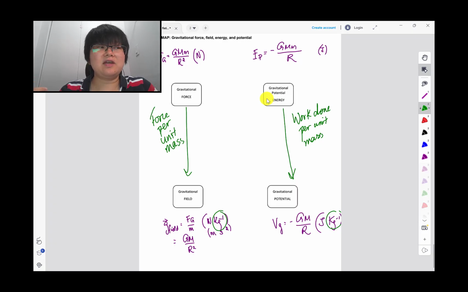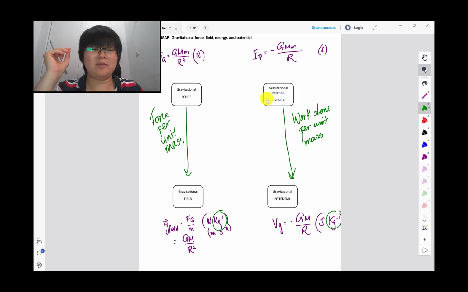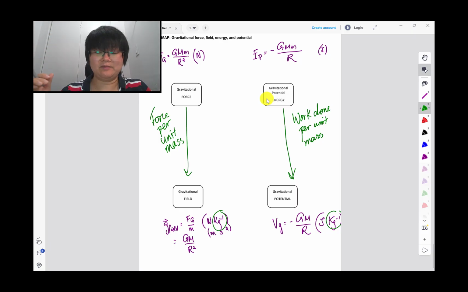And this is where the kilogram to the -1, or per kilogram, comes into the units. The purpose of taking something per unit mass is we are no longer interested in how big that test mass is. It can be as big or as small as you want. It normalizes for all the potential masses that can be placed in any gravitational field or near any planet, star, or galaxy.